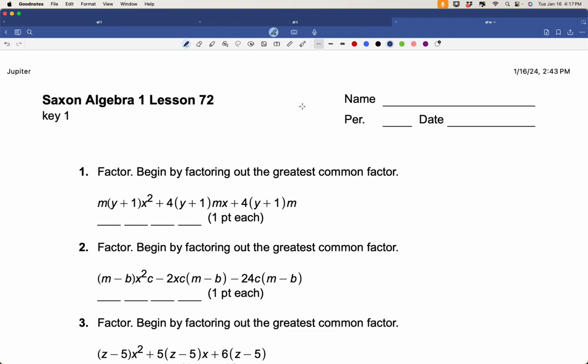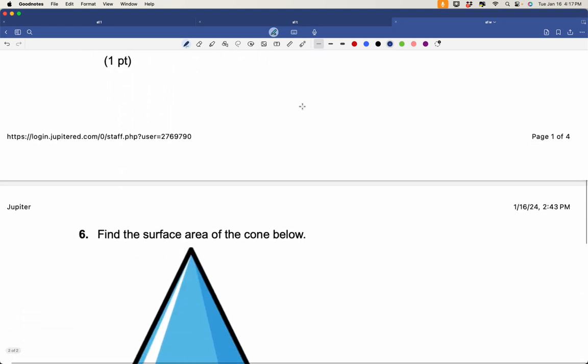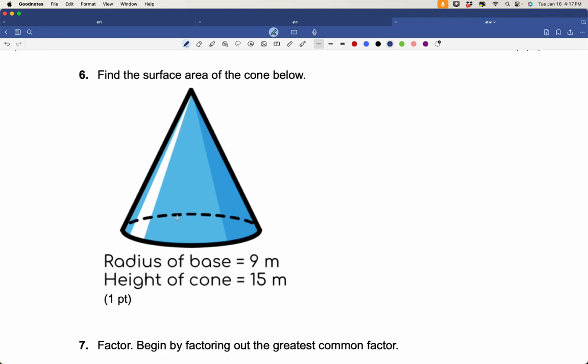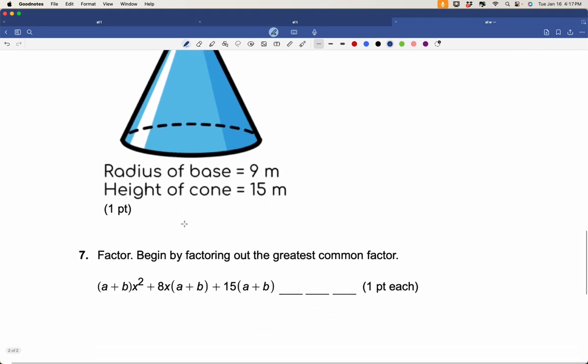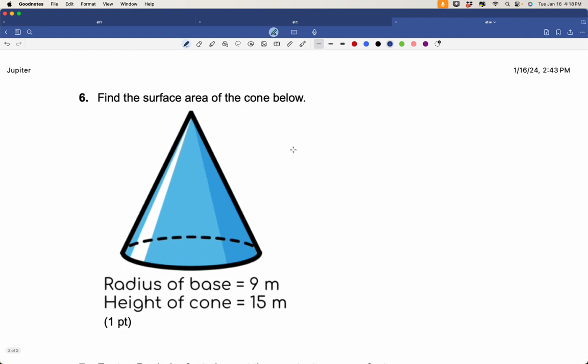So in reviewing this, I realized that you guys have no way of getting this last problem. Well, it's not the last problem, but it is next to the last problem. You have no way of understanding what your slant height is. And your slant height would be this little thing right here. You have the radius of the base and you have the height of the cone, but you don't have your slant height.